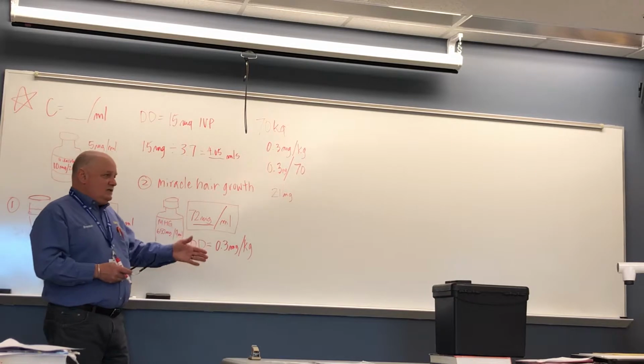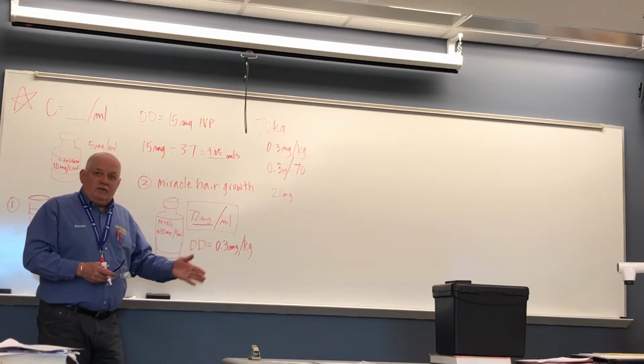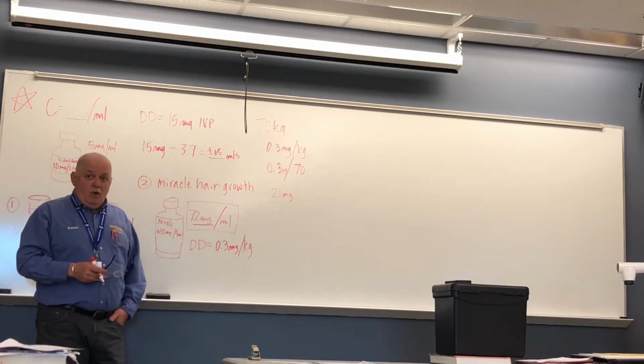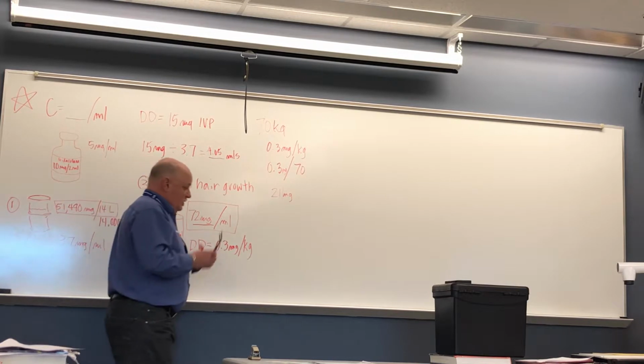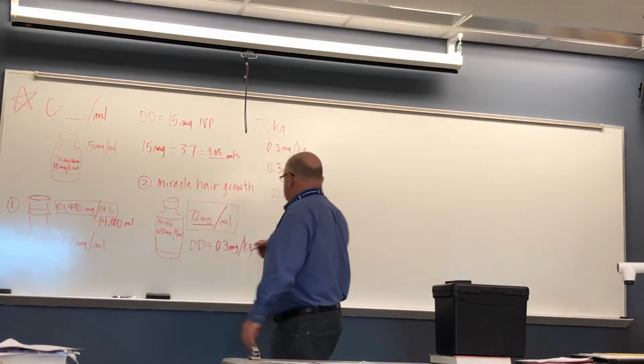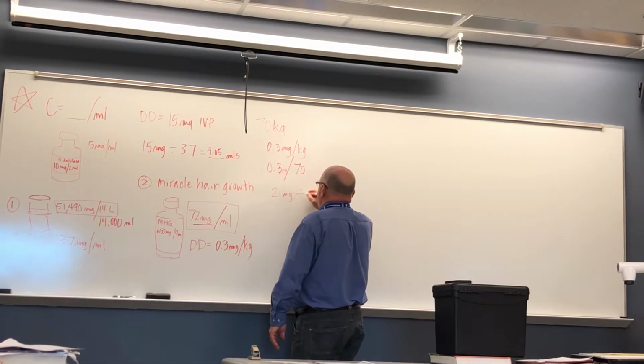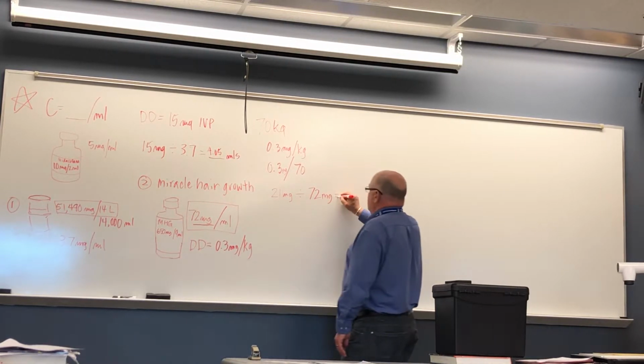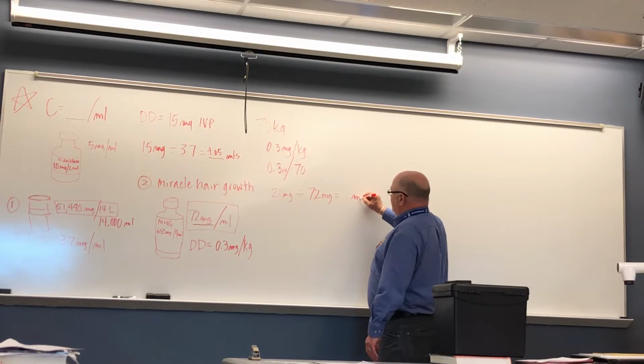So how do we get to the number of mLs we're going to give him? 21 over 72. So 21 divided by 72 equals the mLs.